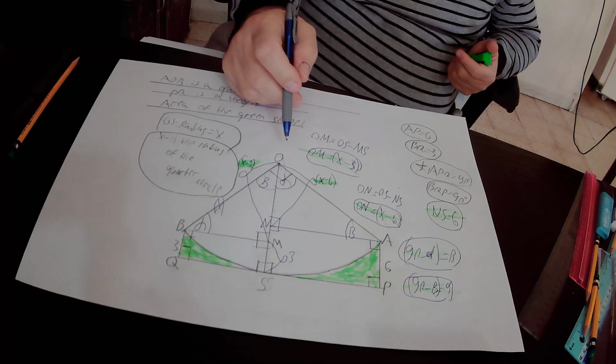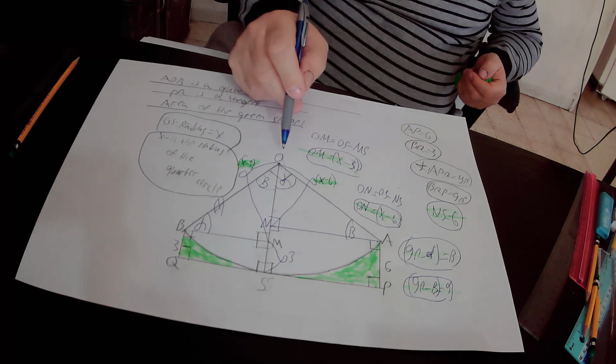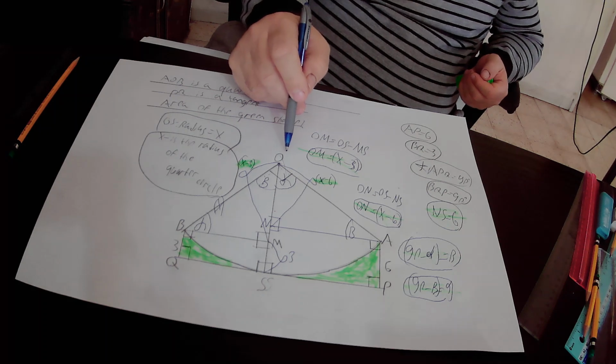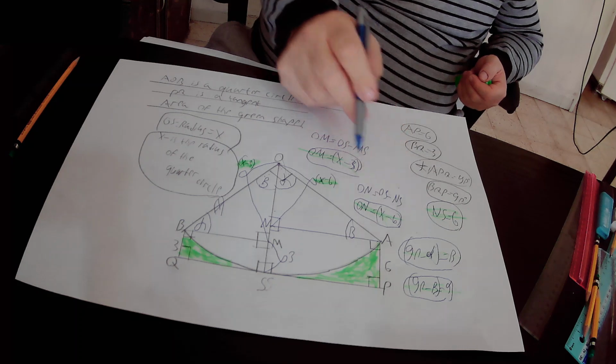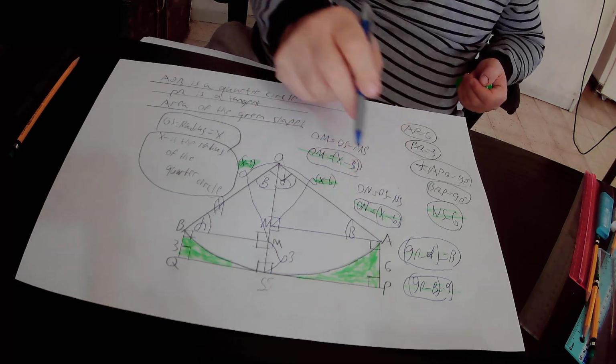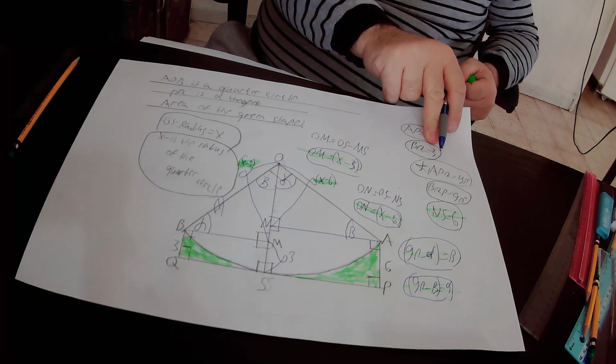Likewise, line segment OA starts from point O, the center of the quarter circle, and ends at point A, a point on the quarter circle itself. Therefore, OA is also the radius of this quarter circle, equal to x, according to our definition.